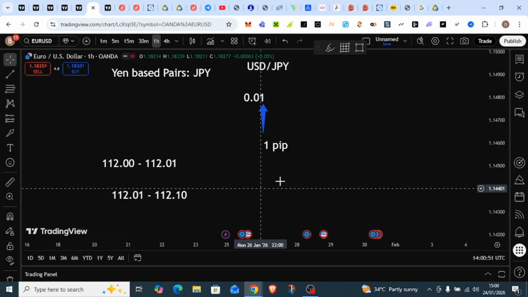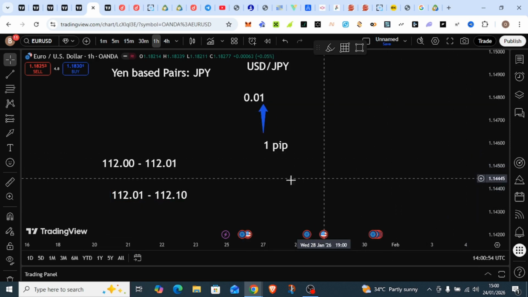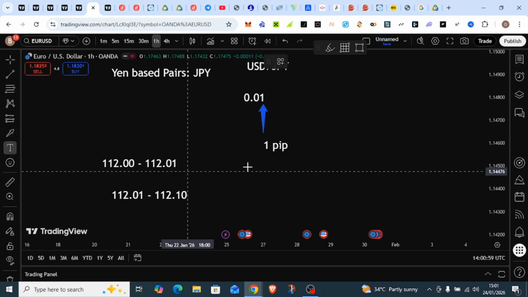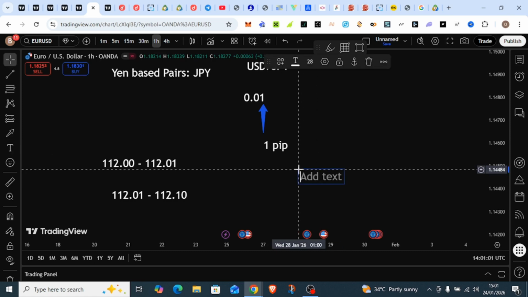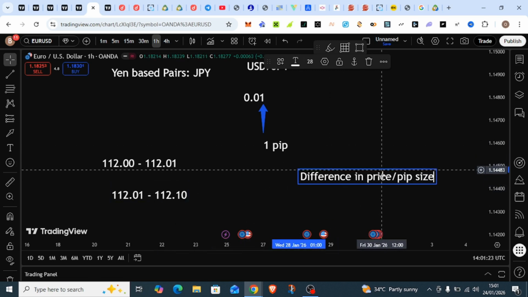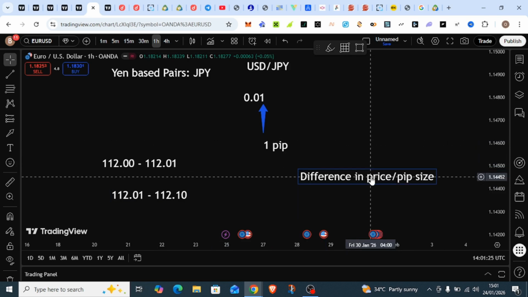we can also apply that same formula that we have, but this time, since this is a Japanese yen and is quoted in 2 decimal places, we have difference in price over pip size, and the pip size here is 0.01 instead of 0.0001.